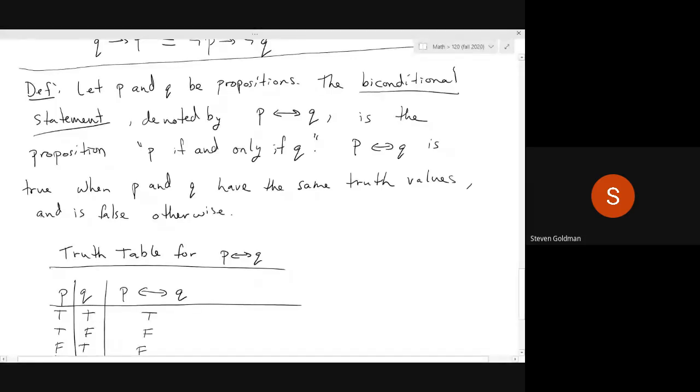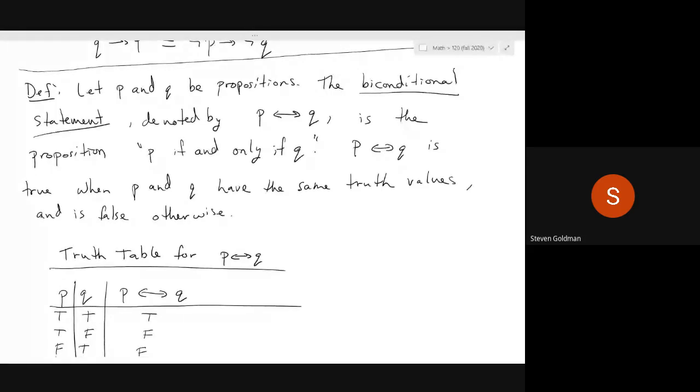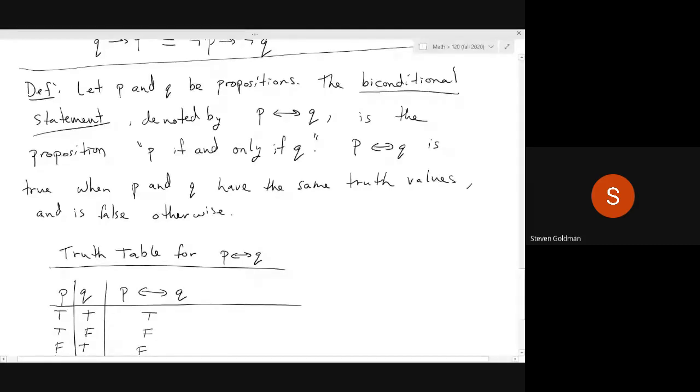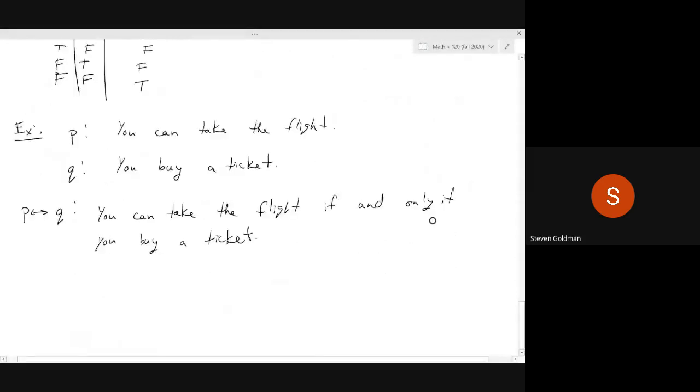In English, just like conditional statements, biconditional statements also have alternative ways of being expressed. So let me give you a couple of those alternative ways now.